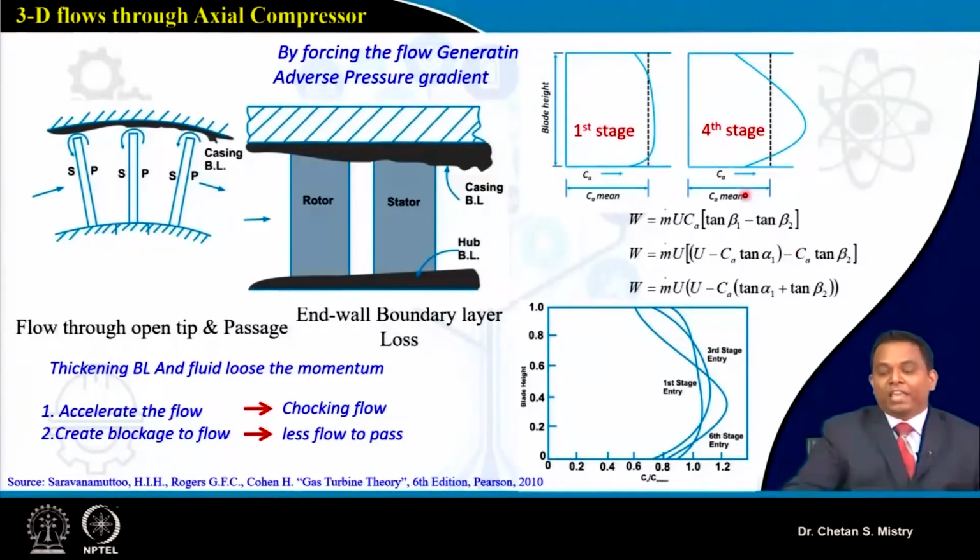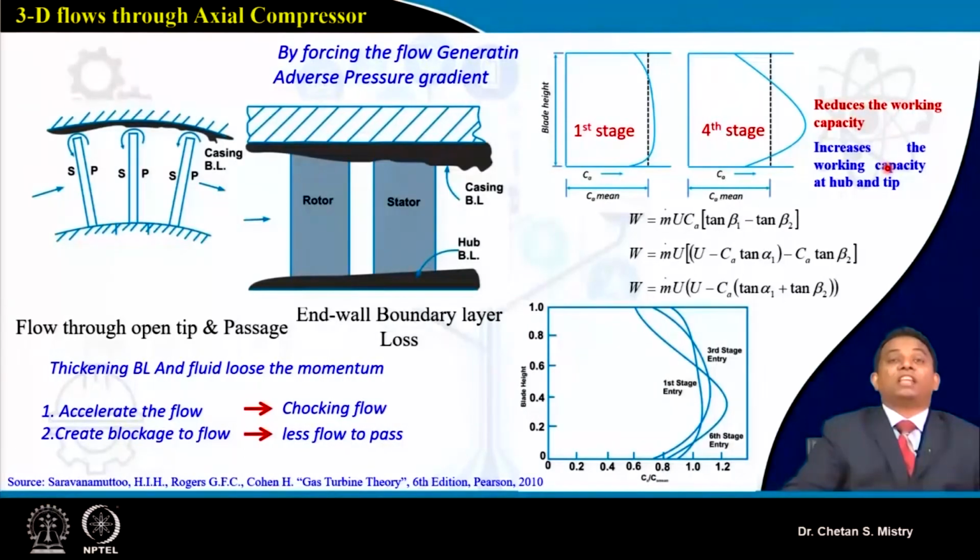If you consider the hub region and the casing region, what is happening? Our axial velocity is reducing. So what it means is that this will increase my working capacity near the hub and tip. This is from our understanding of this equation. Now near the mid span we have an increase of my axial velocity.